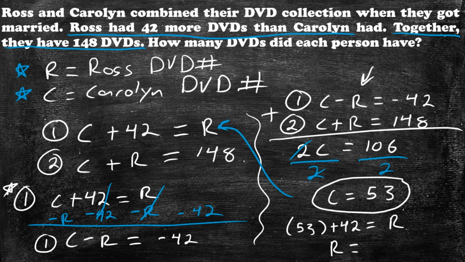When we do the math here, we get Ross has 95 DVDs. So Carolyn with 53 and Ross with 95. We found out how many DVDs they each had. Therefore, this example is complete.